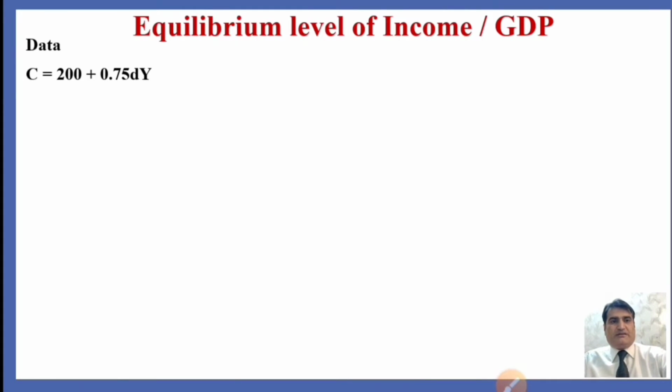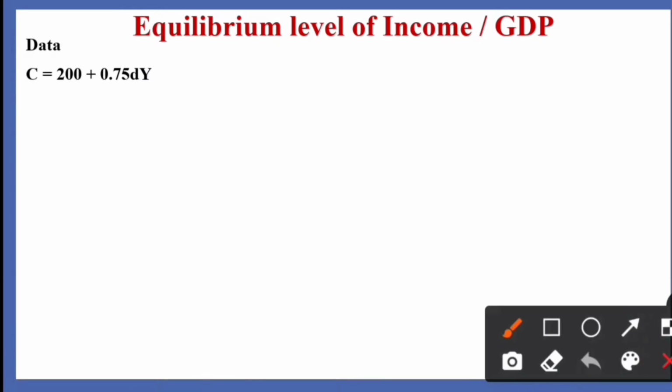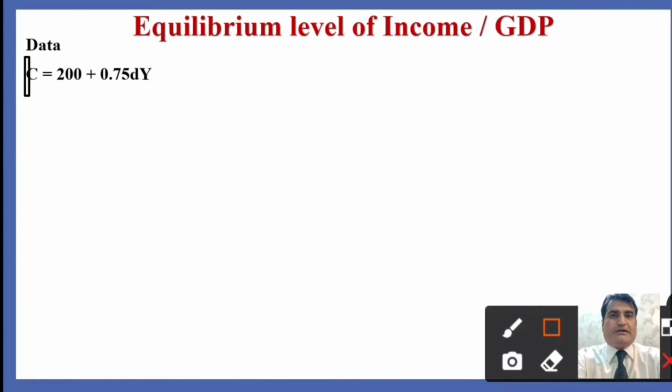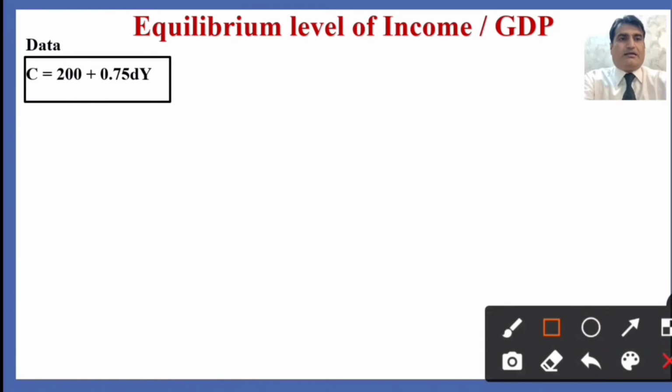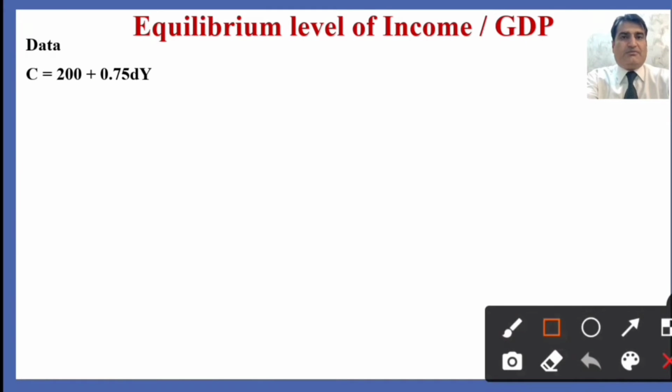This data is given. This is the consumption function, that is 200 plus 0.75Yd. As we know, 200 here is the autonomous consumption, which is independent of the level of income, whereas 0.75 is the marginal propensity to consume and Yd is disposable income.